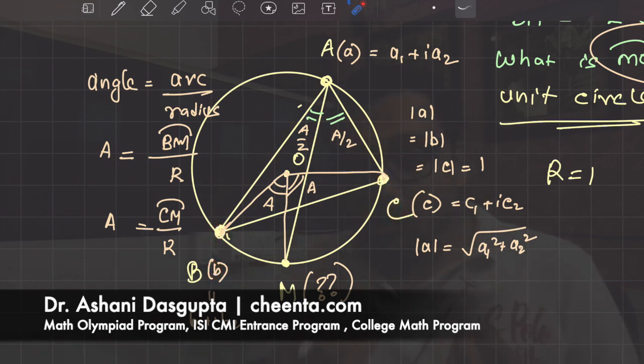So in terms of small b and small c, theoretically, you should be able to find out the complex coordinate of the midpoint of BC arc. So that's the challenge that I want to give you. That's the first thing. You find the midpoint m of the arc, given this one is b, this one is c.